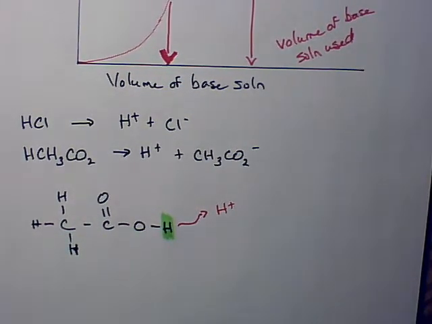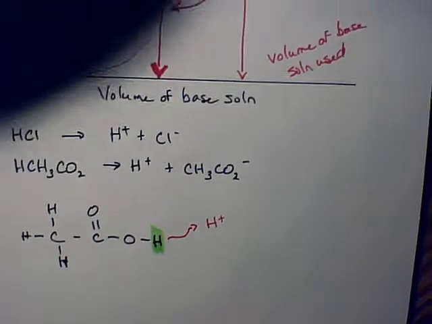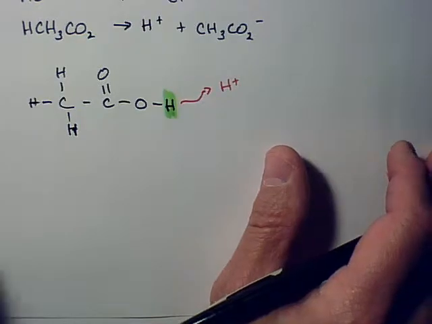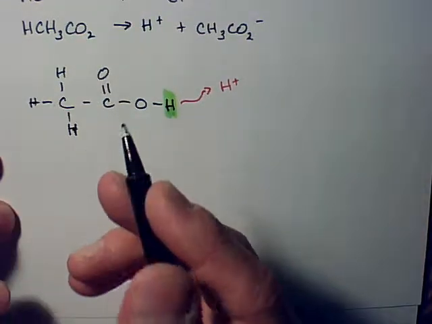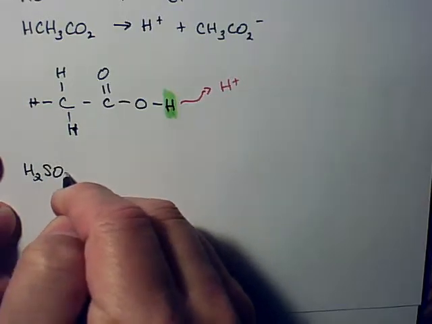Now, for a diprotic acid, we have to have two hydrogens that are available to pull off. Okay? So there's really only one strong diprotic acid that we're going to have any experience with in here, and that's sulfuric acid.